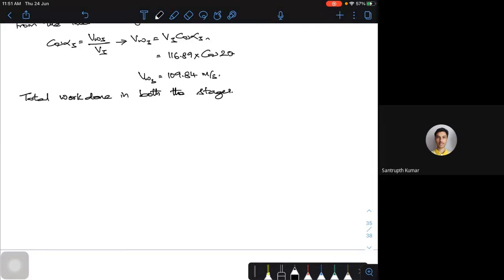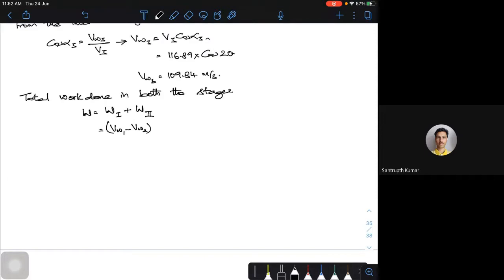What is it actually? Total W is equal to work done from the first stage plus work done from the second stage, second rotor. So what will be the formula? This will be VW1 minus VW2. Here I have to retain VW2 as minus because they are coming in the same direction, because it was minus 0.05.